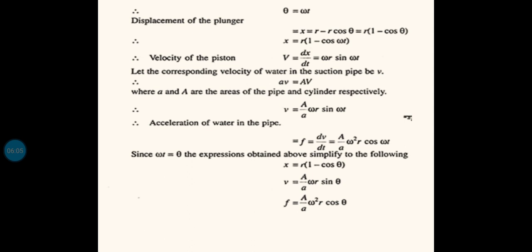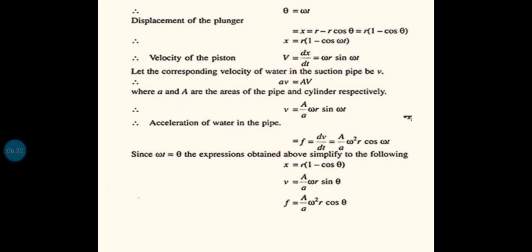The differential of cos omega t is minus sin omega t, so minus into minus will cancel and become a positive term. And again we differentiate omega t with respect to time, then you will get an omega. So the total will be v equal to dx by dt equal to omega into r into sin omega t. Okay, I think it is clear.